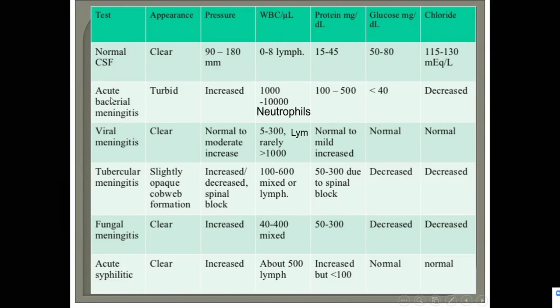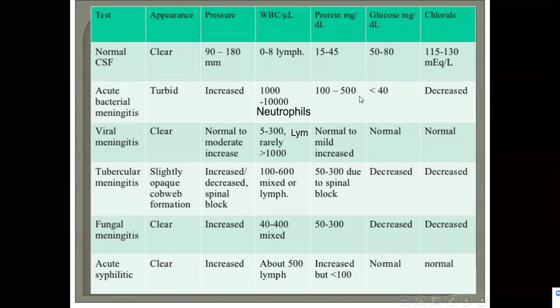And when you see a lot of neutrophils, this is an indication of acute bacterial infection. Usually they reach 1,000 to 10,000 per microliter. The protein, because bacteria contain protein material, will be increased. It can reach 100 to 500 milligram per deciliter.